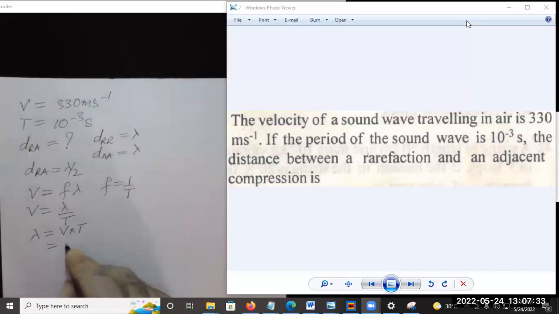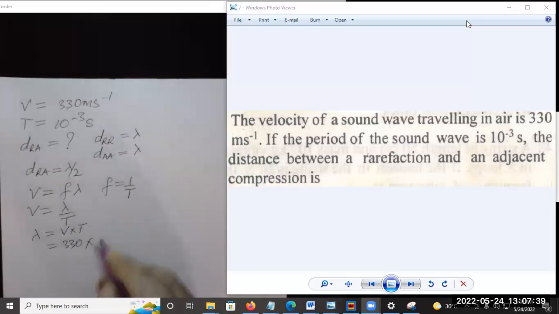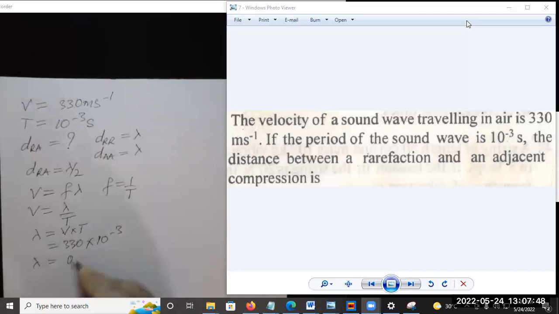The speed is given as 330, and the period is 10 raised to the minus 3. If you multiply that using a calculator, that will give you 0.33 meters.